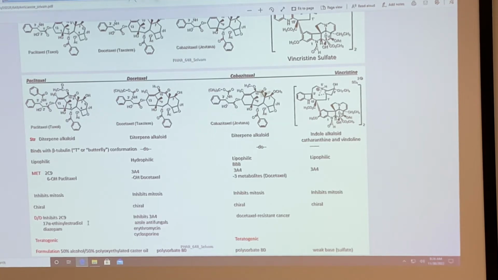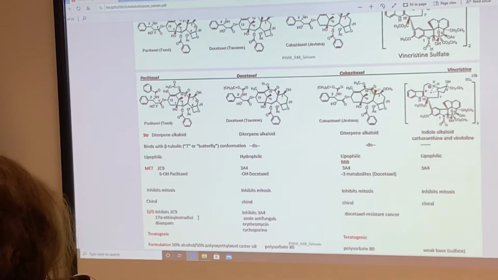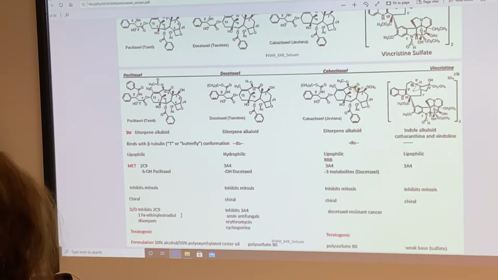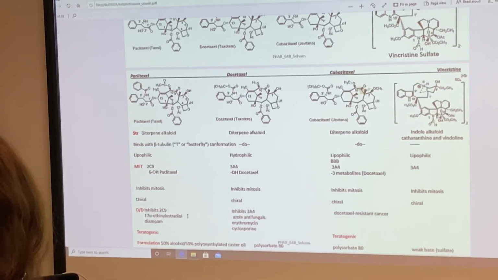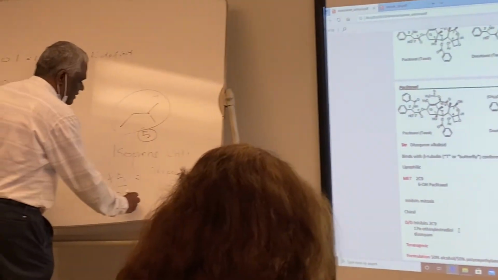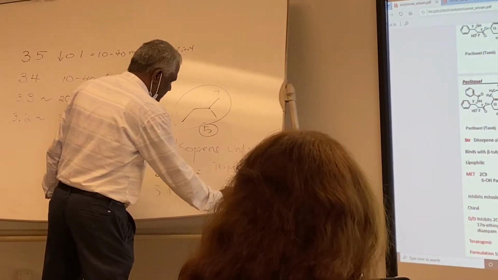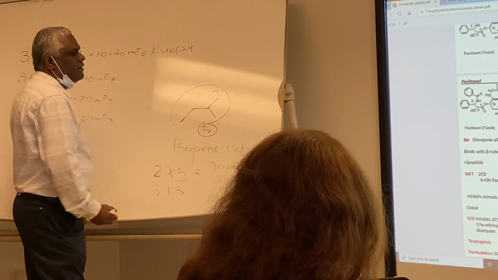And when you have 3 isoprene units, those are mixed together. We have a different strategy. This is called the head and this is called the tail. So they may be attached head to tail. When you have 3 isoprene units, we call them sesquiterpenes. And when you have 4 isoprene units, that is called diterpenes. So 4 isoprene units, we have 20 carbons.